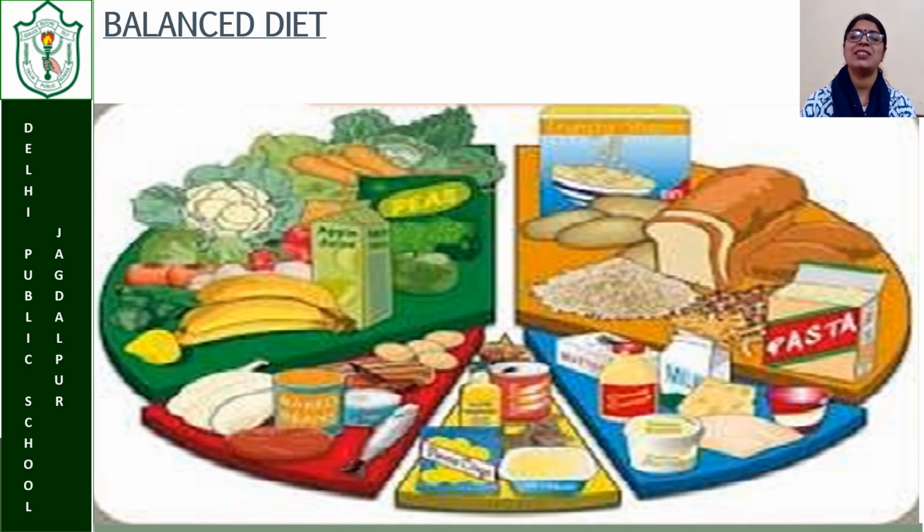You can see that this is the balanced diet, in which these are the carbohydrate sources, these are the protein sources, these are the fat sources, and these are the vitamin and mineral sources. So if you include everything in your diet in the appropriate amount according to your needs, you are going to be healthy and away from all kinds of disease. You will keep growing in a healthy manner.